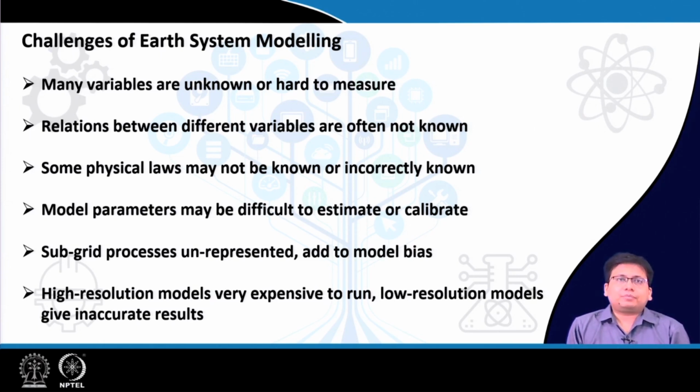Now there may be subgrid processes, which we can also call unresolved processes, that is, some process which is limited to say only 20 kilometers, or which occurs over only a few seconds or a few minutes and so on. Such processes are too small for the model to take care of. So we call these unresolved processes.